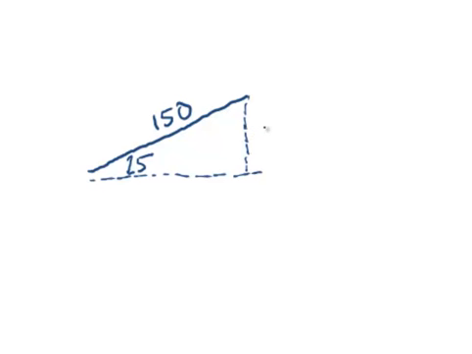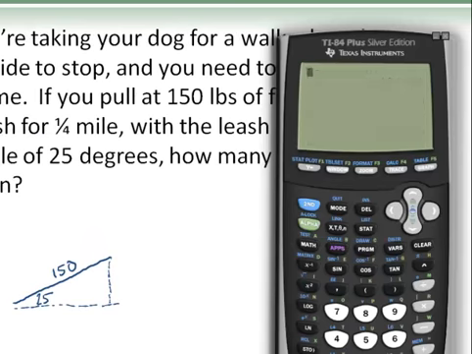To answer this, we'll simply do 150 cosine of 25 or 150 sine of 25, and based on our drawing, it'll be the bigger of the two numbers. So 150 times the sine of 25 gives us 63 pounds, and 150 times the cosine of 25 gives us 136 pounds, and since that's the bigger of the two numbers, and that, according to the drawing, should be the bigger side, that's the number we'll use.